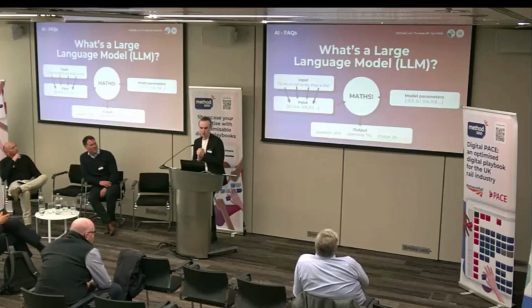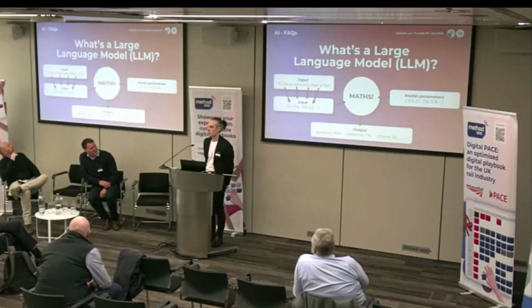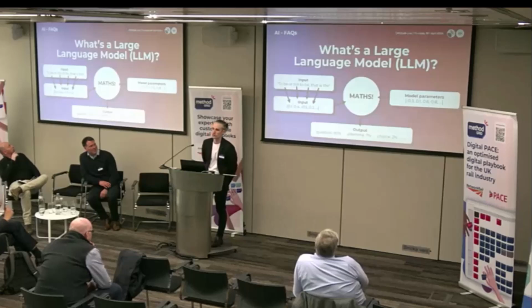So the first thing that happens when we use a large language model is this bit, which is called embedding, and that is where it translates the words that you type into numbers. And it does that in such a way that the numbers of similar words will be similar to each other.